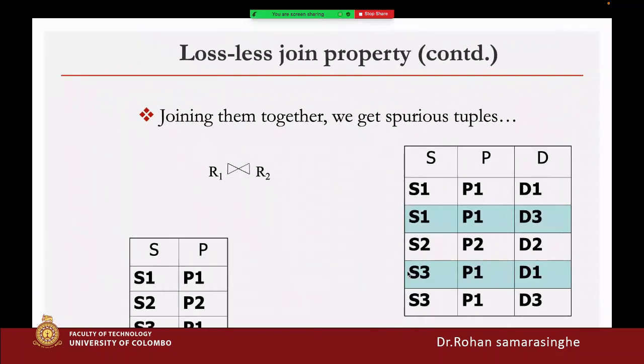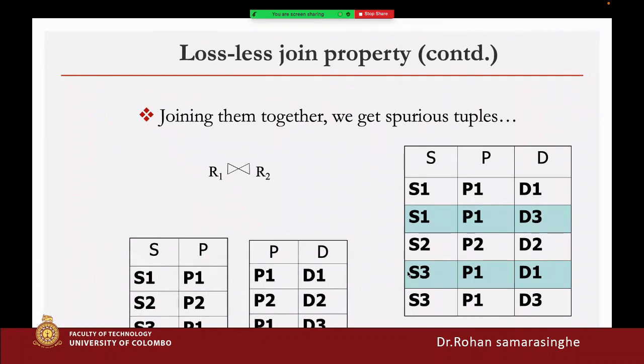So R1 is this one, R2 is this one. S1 P1 and D1, S1 P1 and D3. Here you can see S1 relates to P1 actually: P1 D3, S1 P1 D3. Then S2 P2 D2, S2 P2 D2.